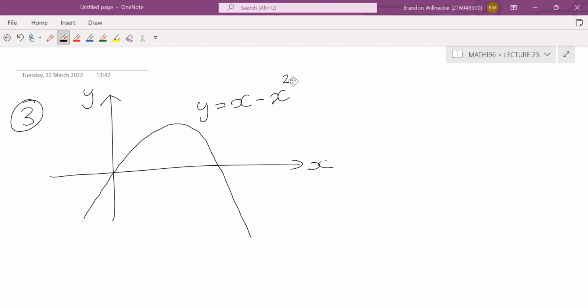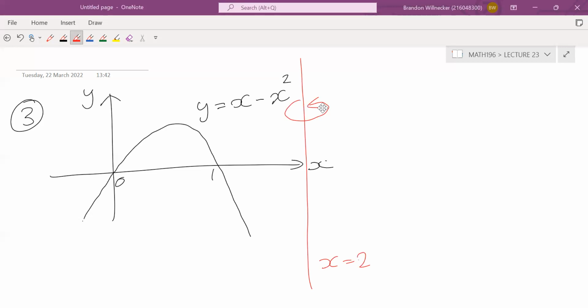That will be 0 and 1. Okay, so that's our intercepts. There's our height, y, and we are rotating this around x equals 2. So let's just draw our line x equals 2. Okay, so this is now our rotation axis.